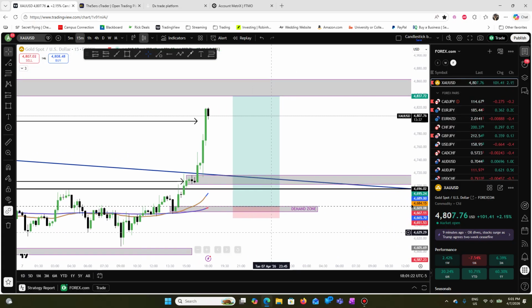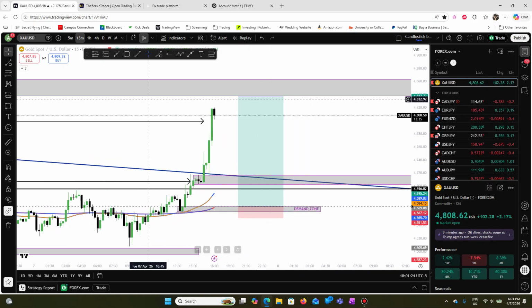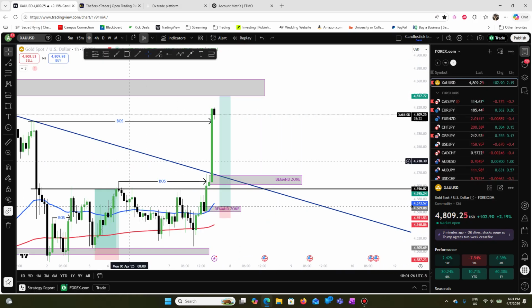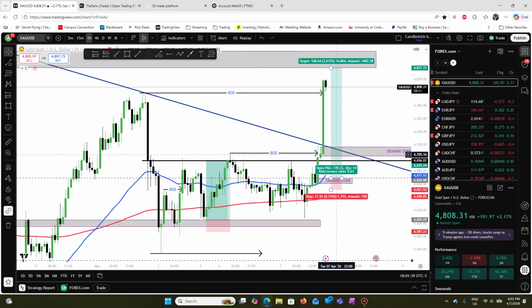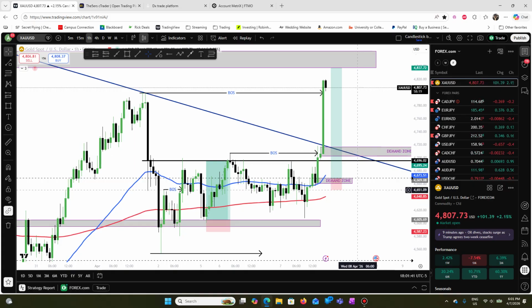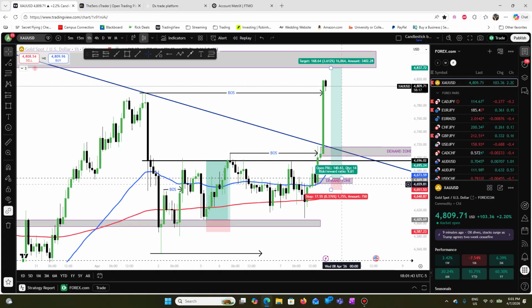So now we can say, okay, in the 1 hour time frame, we knew that sellers were sitting here. Now that buyers have pushed through, this resistance has now turned to support. And if this resistance has turned to support, this is now going to be our demand zone. So we're no longer interested in this demand zone.